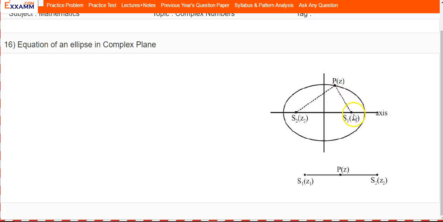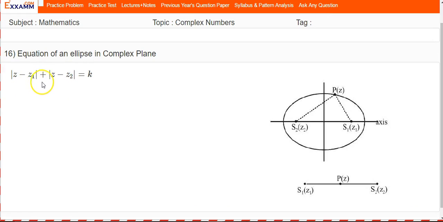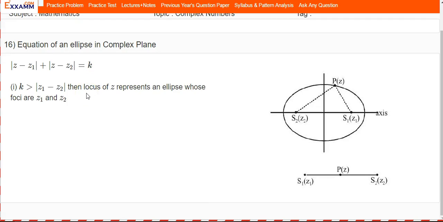Now PS1 is modulus of Z minus Z1 and PS2 is modulus of Z minus Z2. So the sum of them is constant. So what do we get as the equation of the ellipse? We get modulus of Z minus Z1 plus modulus of Z minus Z2 is equal to K. Here K should be greater than modulus of Z1 minus Z2. Then the locus of Z represents an ellipse whose foci are Z1 and Z2.